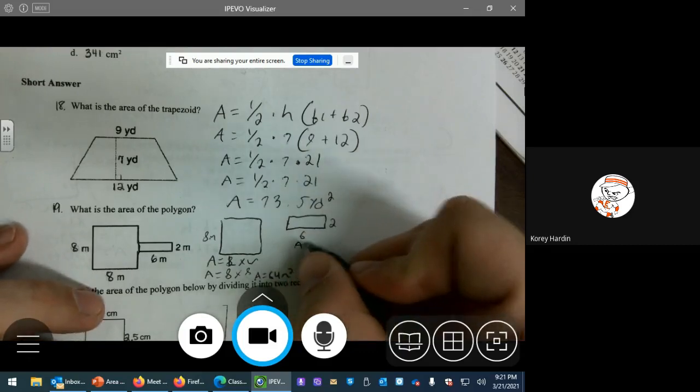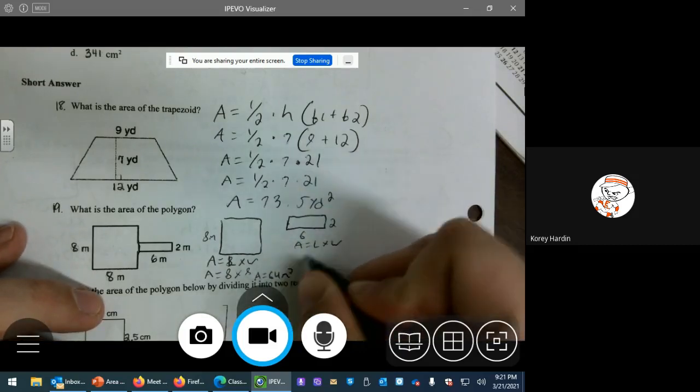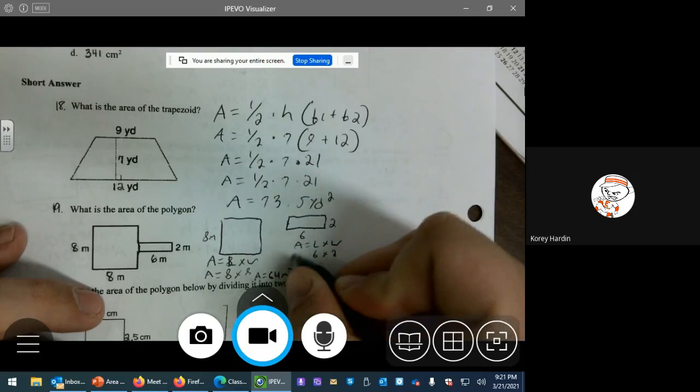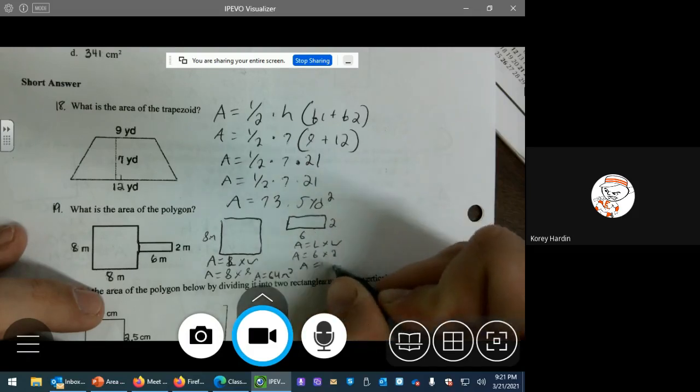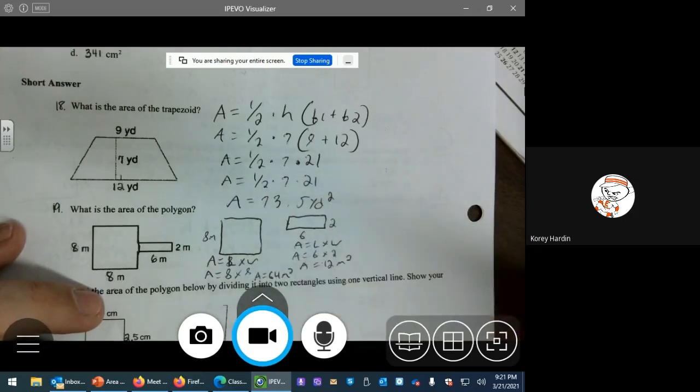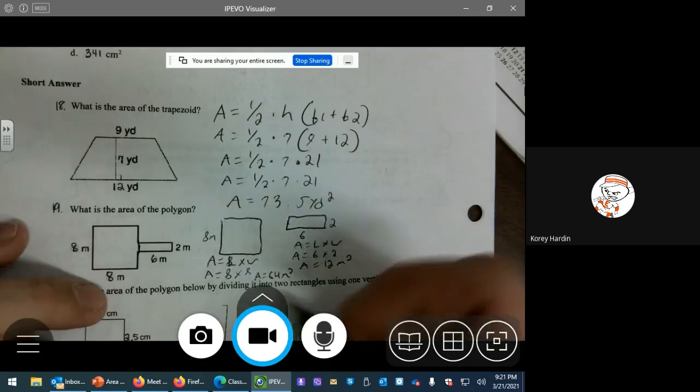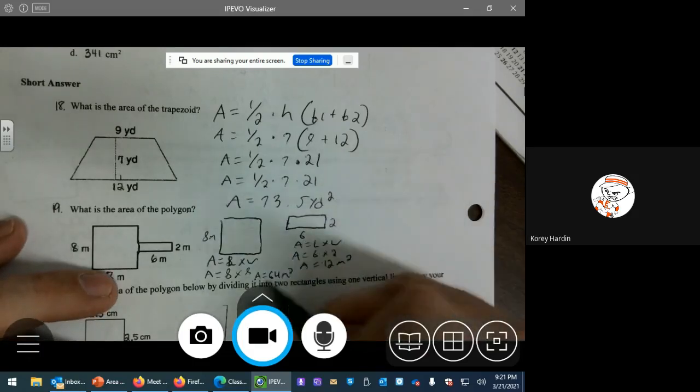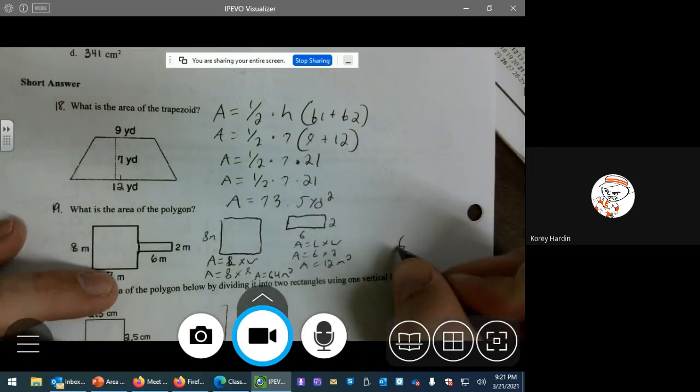And then the rectangle area equals length times width, 6 times 2, which is 12 meters squared. So 64 plus 12 is going to be 76 meters squared. That's going to be my area.